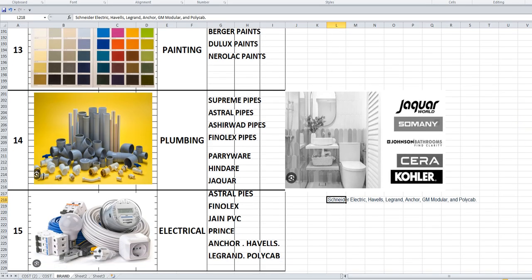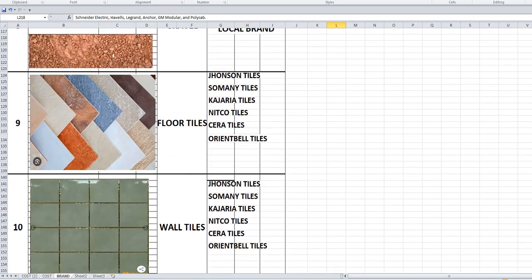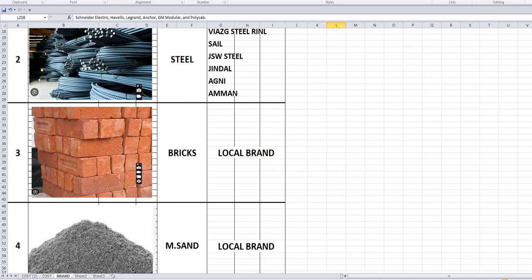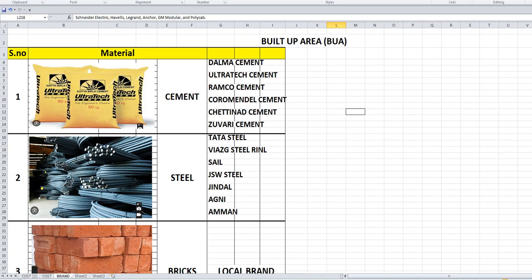The details of the brands and the cost we will also discuss separately.